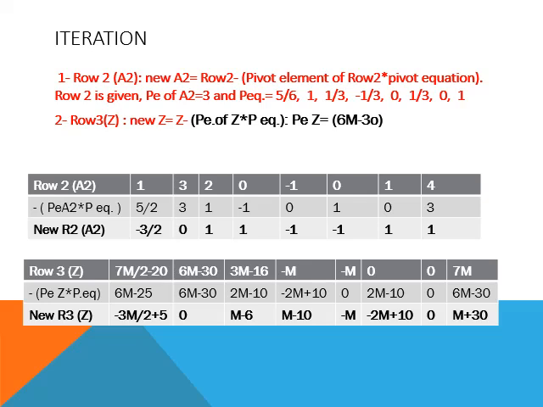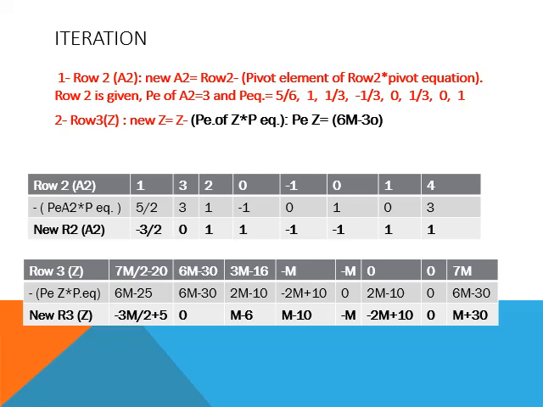Row 2, the impact of the entrance of x2 as basic variable on A2 and Z. To check these changes, we are going to design two tables, one for A2 and the other for Z.